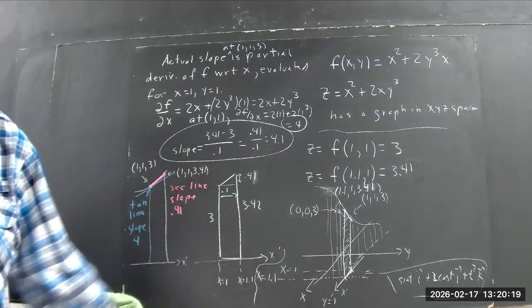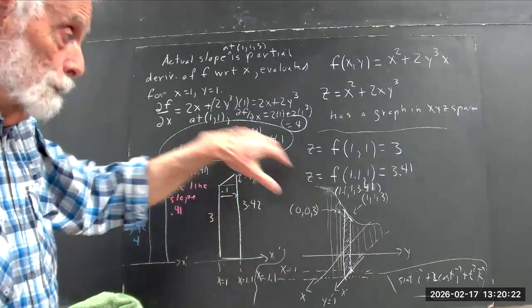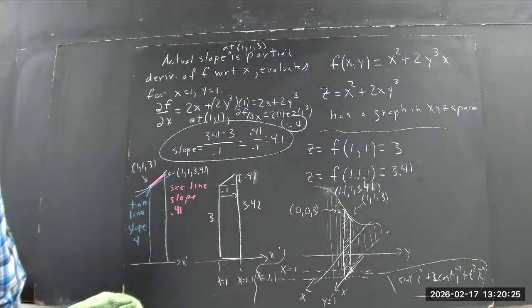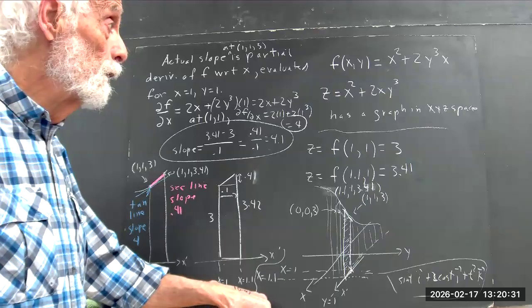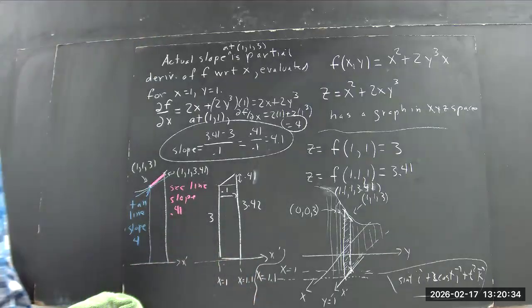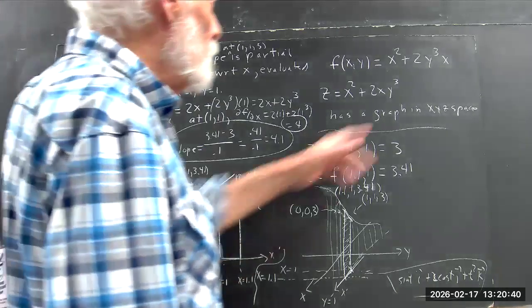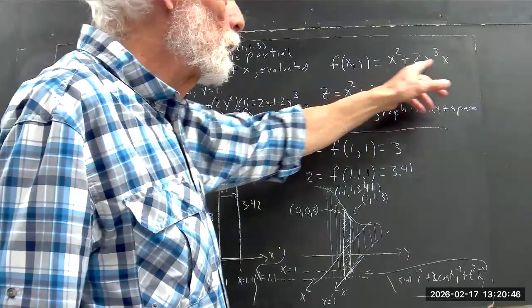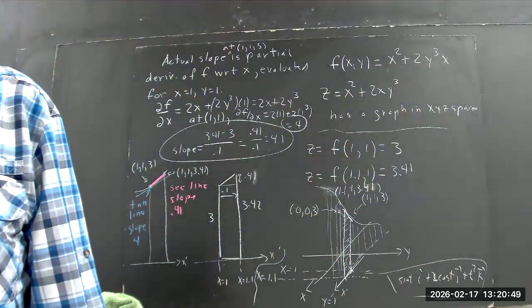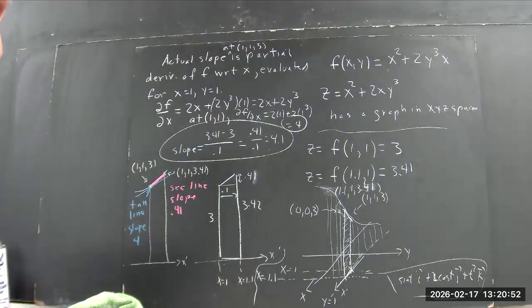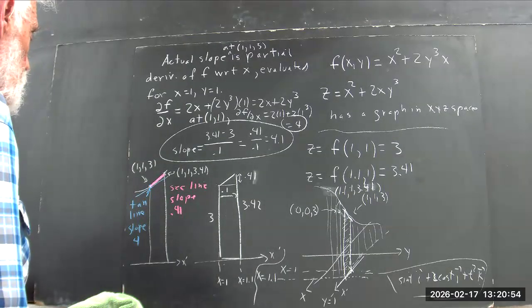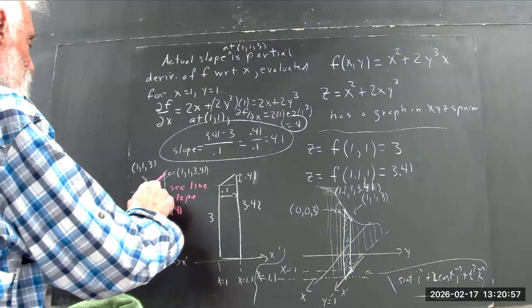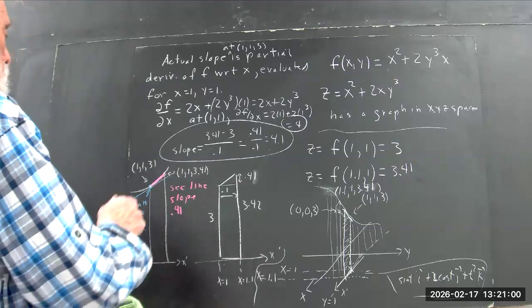And this picture should make sense. This is not really what the function looks like in the plane y equals 1. Well, just a little more. What is the function in the plane y equals 1? If you confine y to be 1, then this function is just x squared plus x. So this curve here, I really don't have room to label it.